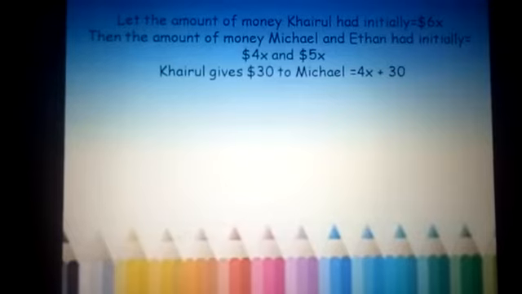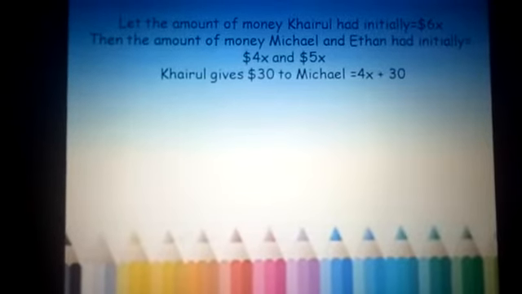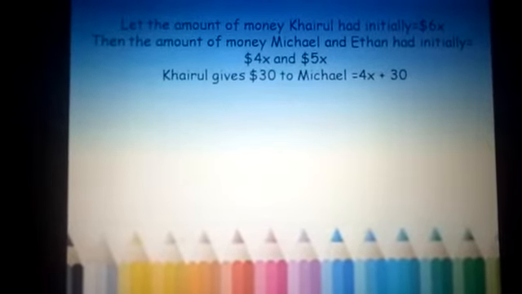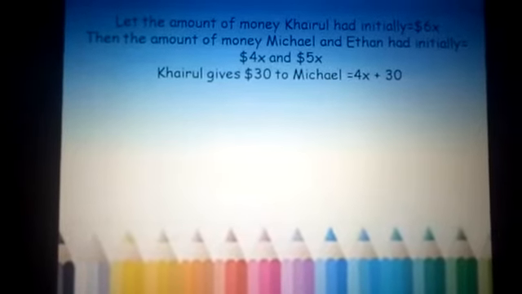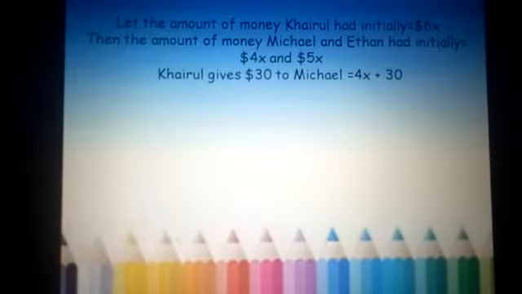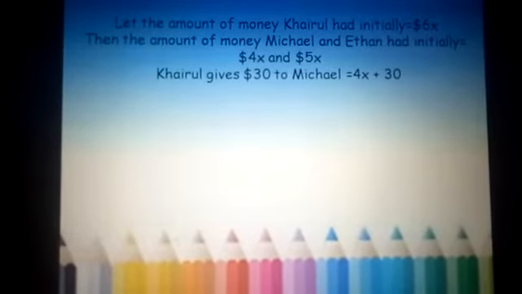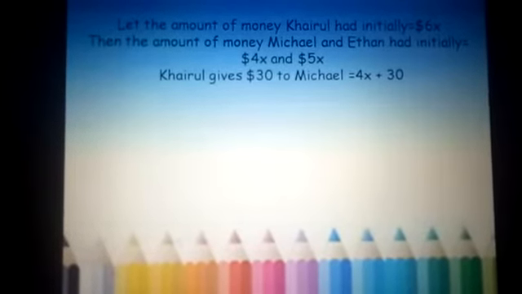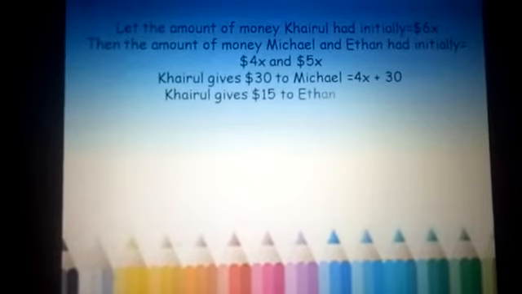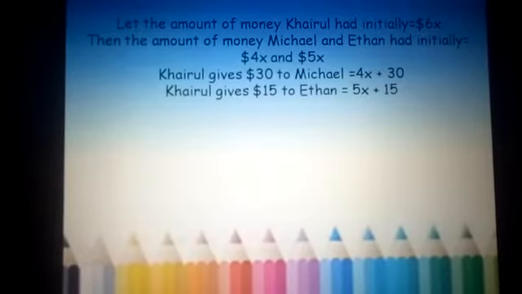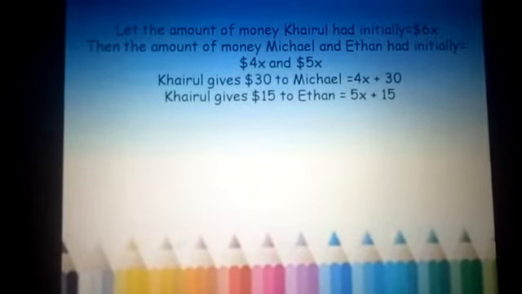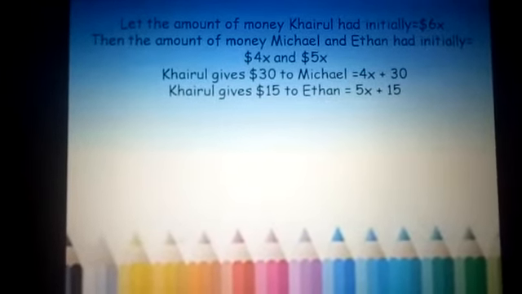Now Khairul gives $30 to Michelle, that is 4x plus 30. 4x is the value that Michelle already has, and Khairul has given $30, so that will be added to his amount. Khairul gives 15 to Ethan. Ethan has initially 5x and 15 will be added to his amount.